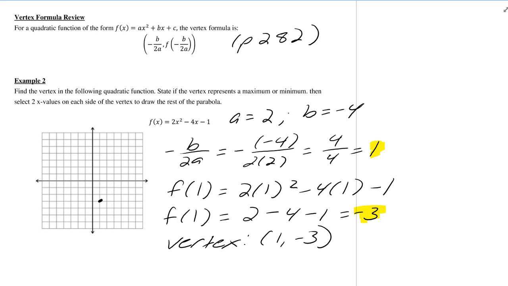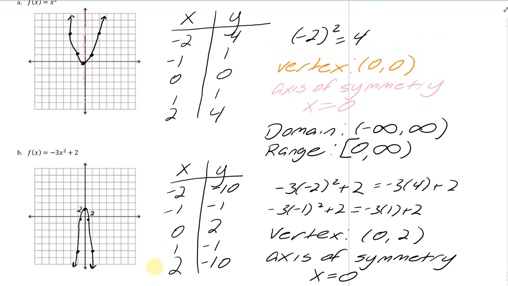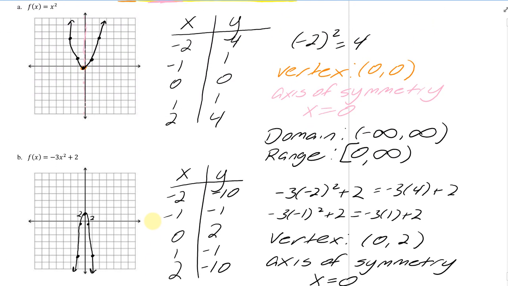Now, the next thing I should be able to do is determine whether this vertex represents a maximum or a minimum. If you forgot what that means, or why we are talking about this, remember, this example actually illustrates the two things that can happen with parabolas. Parabolas either open up or they open down. Here, in this case, the vertex was a minimum, and here the vertex was a maximum. So a vertex will either be a minimum or a maximum.